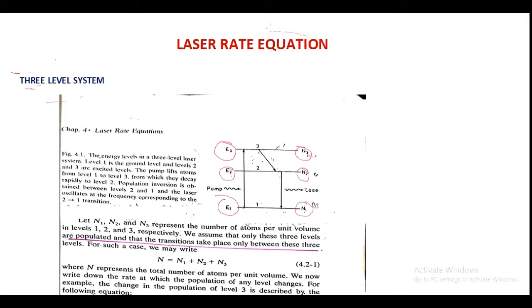And we assume that only these three levels are populated and that the transition takes place only between these three levels. For such a case, the total number of atoms per unit volume N equals N1 plus N2 plus N3.